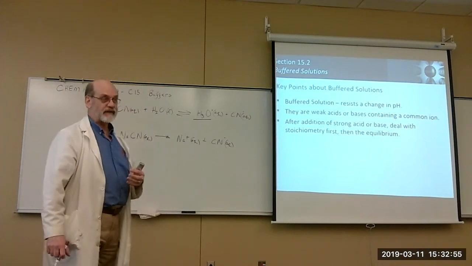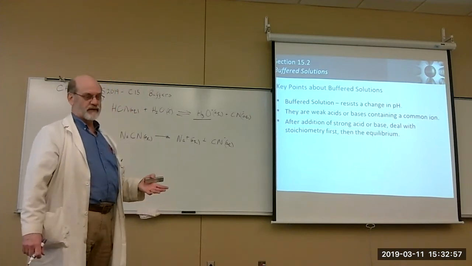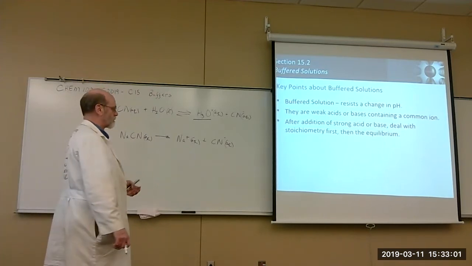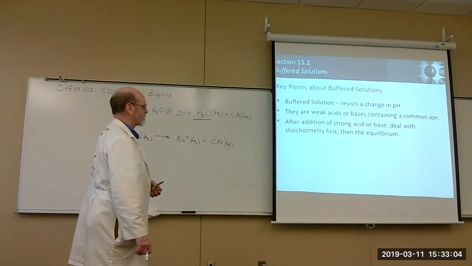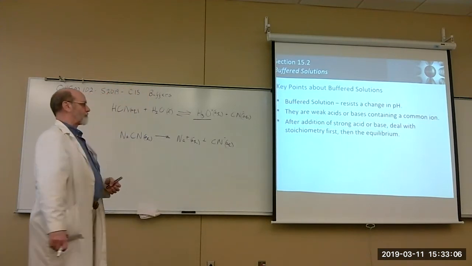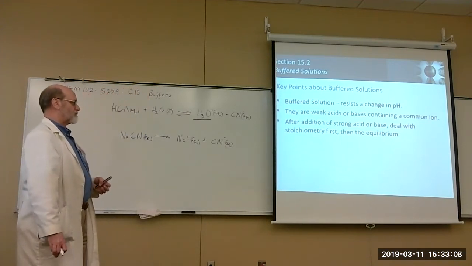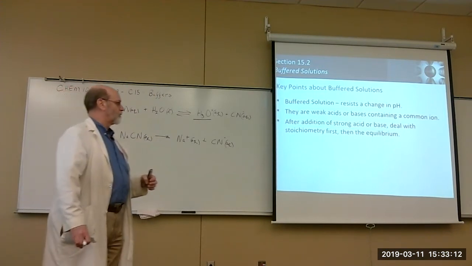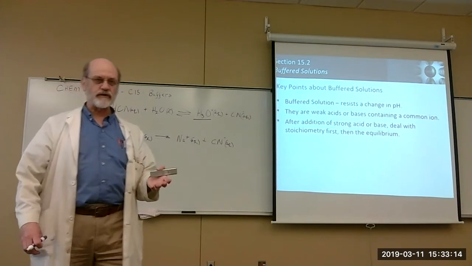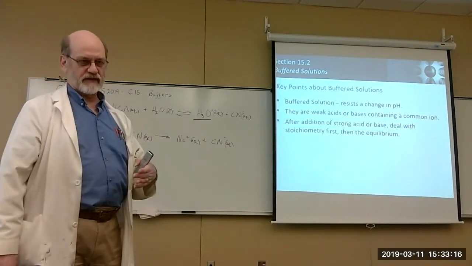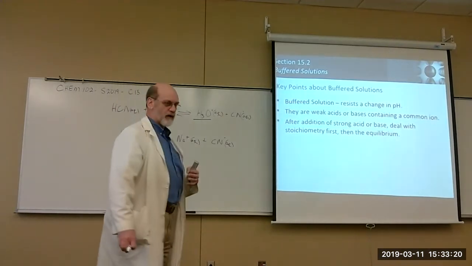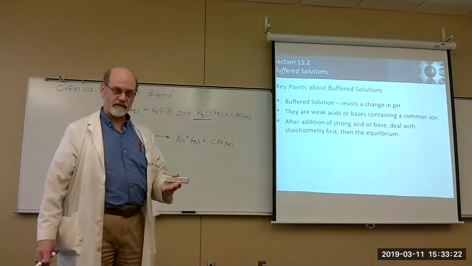It won't completely negate the movement, but it will resist a change in pH. Generally speaking, a buffer solution, most commonly a buffer solution, begins with a weak acid. But there are buffers that start with weak bases.